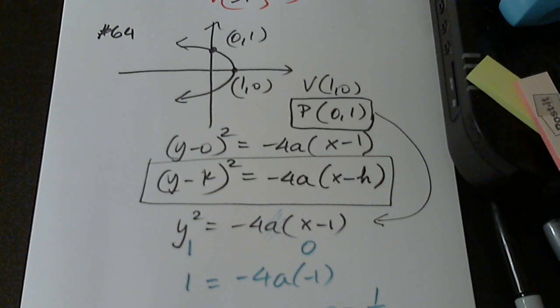It will ask us if it opens left or right or up or down. I'd like to put in the equation that we just determined to see what happens. Since it opens to the left, I am going to use y minus k squared equals 4p. They call it p, sorry about that, but it's basically a, times x minus h.